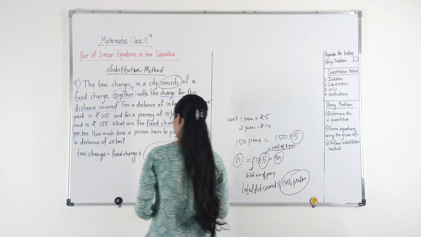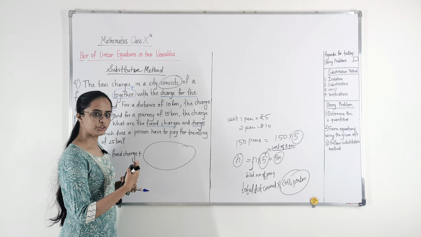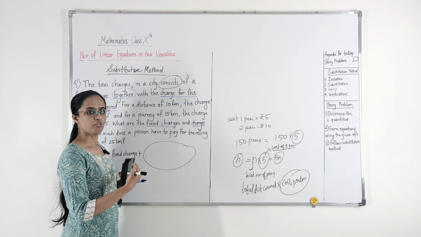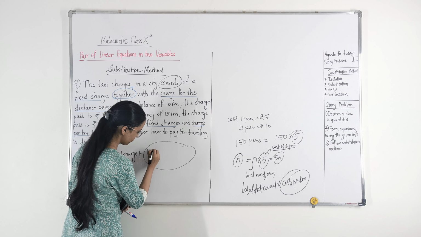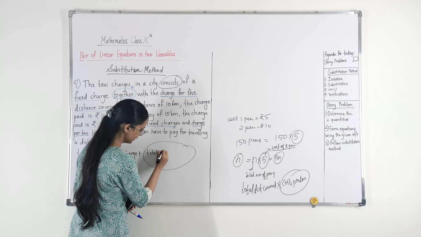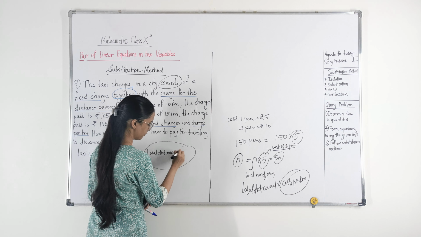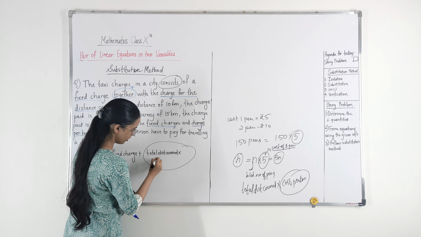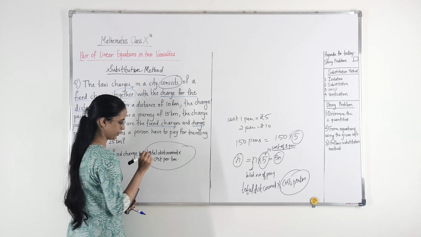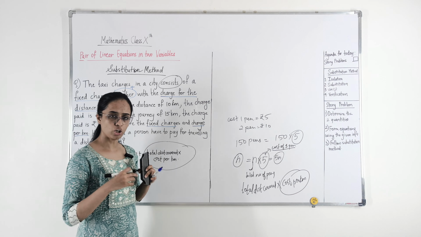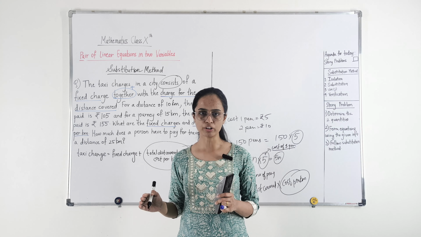So in the second quantity, wherein you have to calculate the total cost for the distance covered, what you would be writing is total distance covered multiplied by the cost per kilometer.